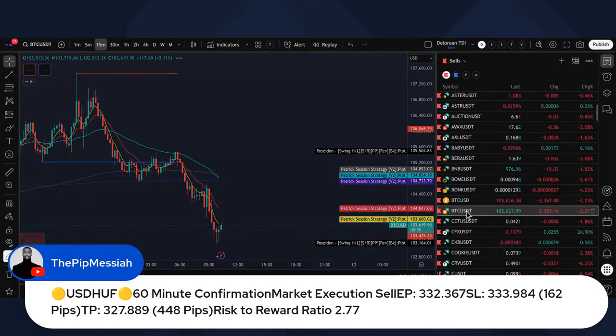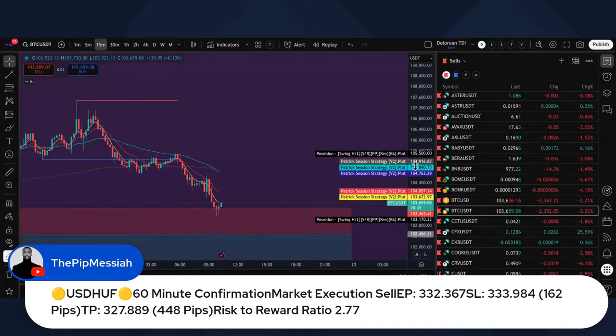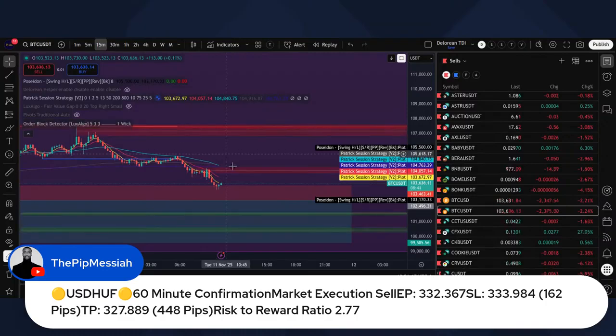Specifically, what I'm looking at, because I'm really looking at this on the 15-minute, is this next order block right here at 100,500.